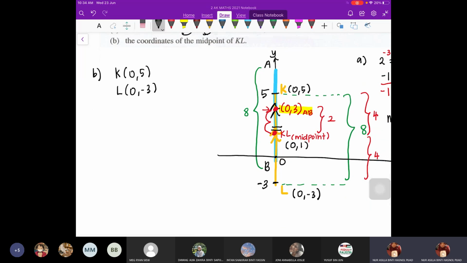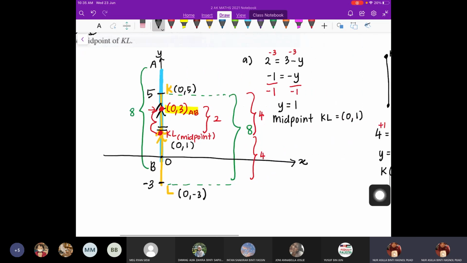Oh, tak perlu pun. Kita dah cari kan coordinates of midpoint of KL. So dekat sini kita dah cari dah. Menggunakan ini. So this is my answer for B. Okay. Kalau kat atas dah kira, tak perlu kira lagi dekat B.